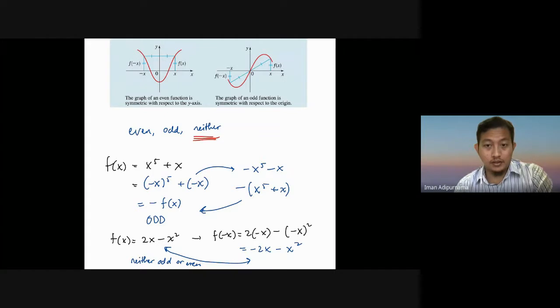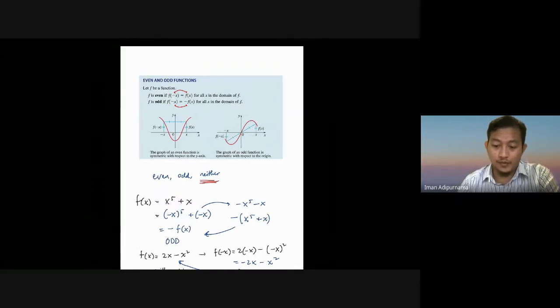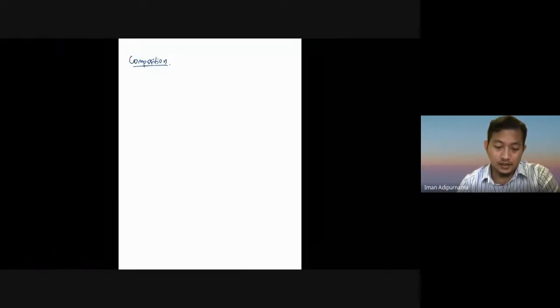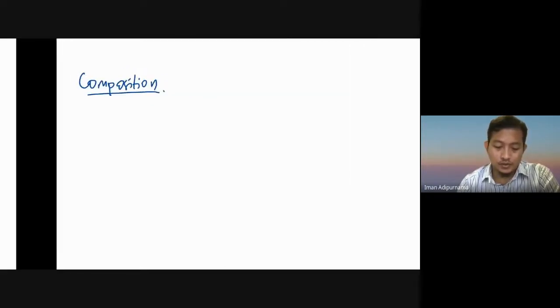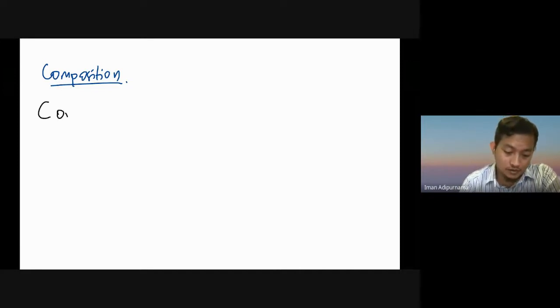The next part of today's lecture, I want you to go through transformations: vertical shift, horizontal shift, stretching, shrinking, reflecting, even and odd functions. That's all for the transformation. The next thing is I'm going to explain to you the composition, or maybe combinations to be precise, combination functions.